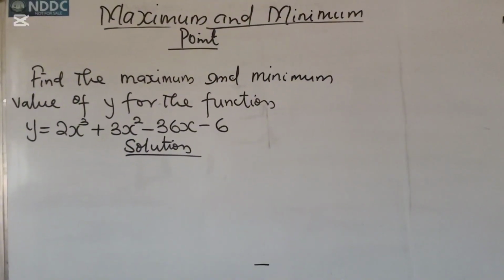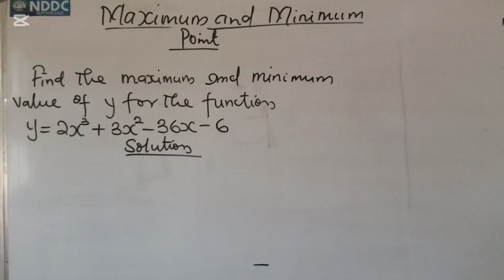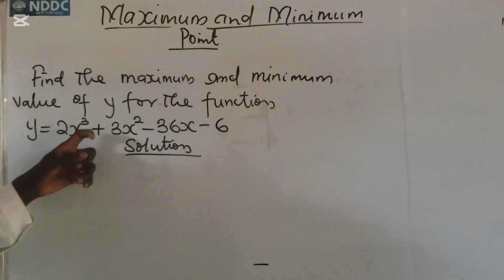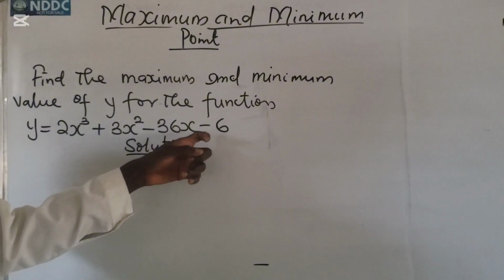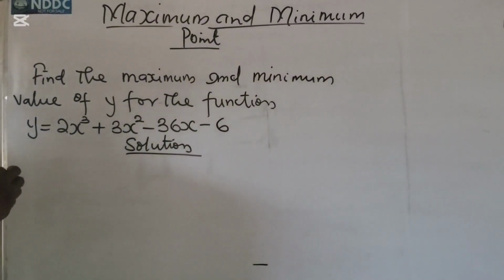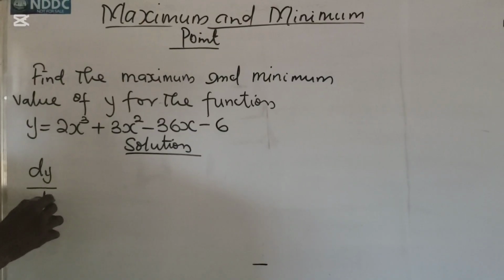Now, when given this type of maths, that y is equal to 2x raised to the power 3 plus 3x raised to the power 2 minus 36x minus 6, you first of all differentiate dy/dx.